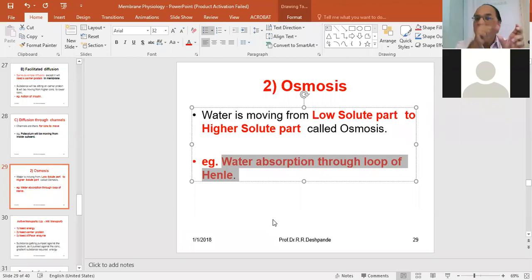In the blood, there is water and a lot of sodium, potassium, hydrogen. And here in the loop of Henle, there are fewer solutes. So water enters from the channel to the blood again. So water reabsorption takes place because of osmosis in the kidney. You must understand this formation of urine.